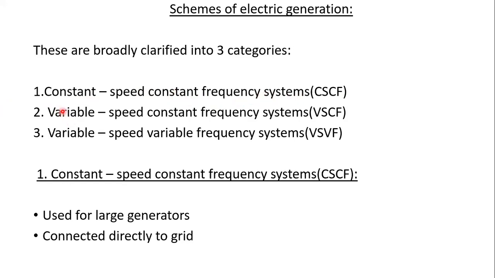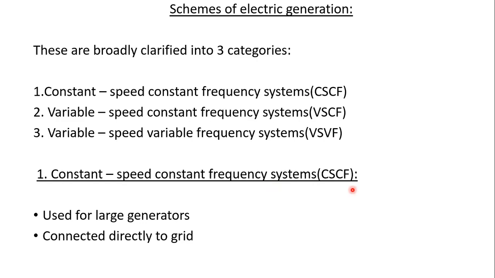And next, for variable speed, we have two variables: the first is constant frequency and the second is variable frequency. So these are the abbreviations: CSCF, VSCF, VSVF. So if you see the first one, constant speed, constant frequency systems.